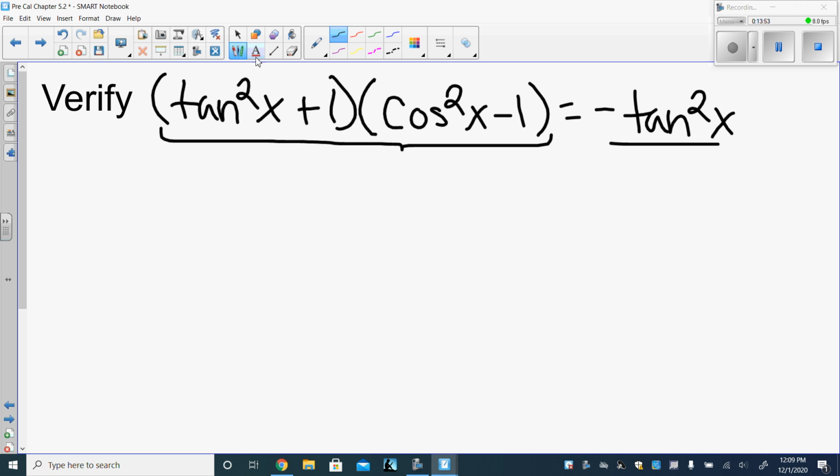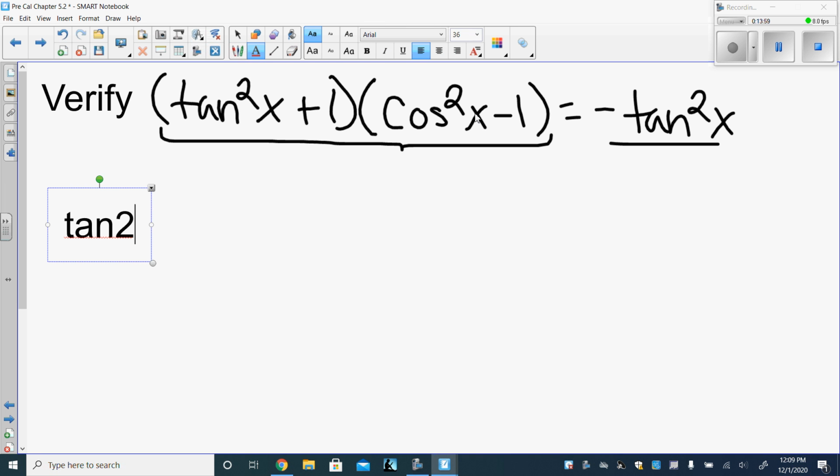Now the first thing we can do is multiply these through, distribute. So I can say tangent squared of x times cosine squared of x. So we multiply the first two together.